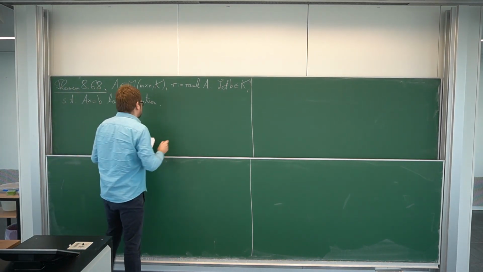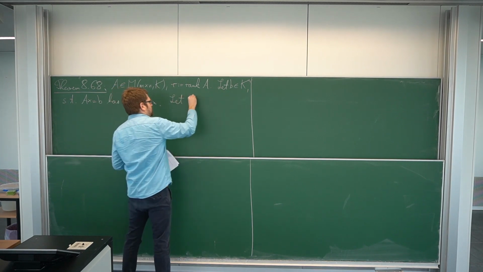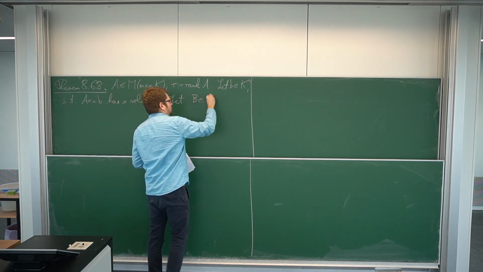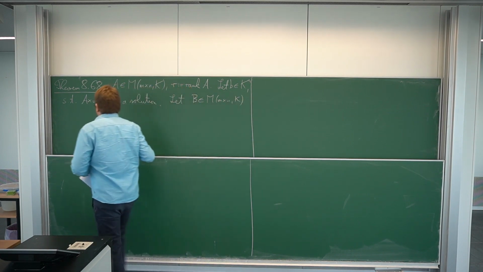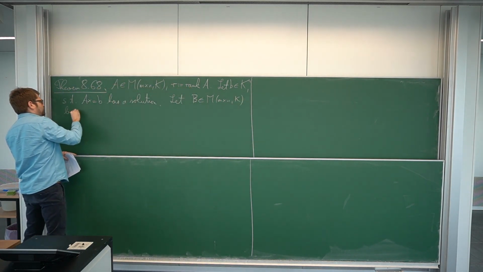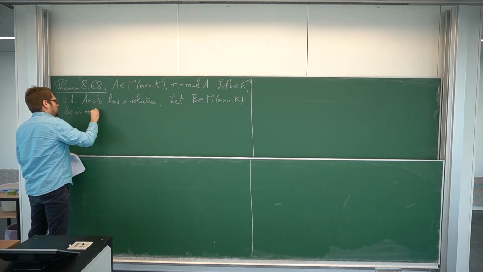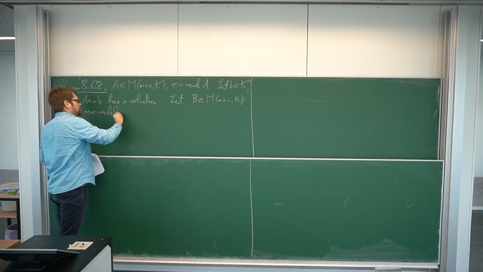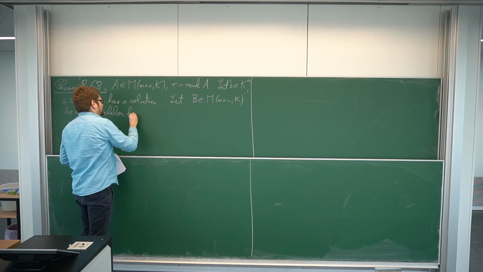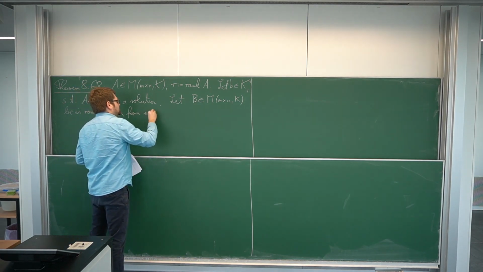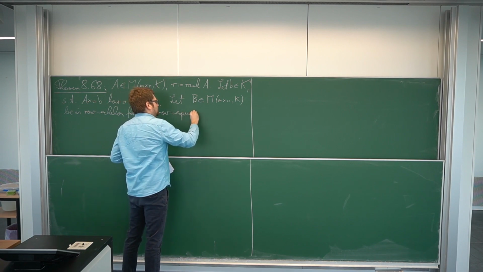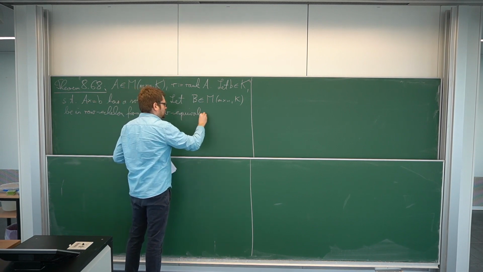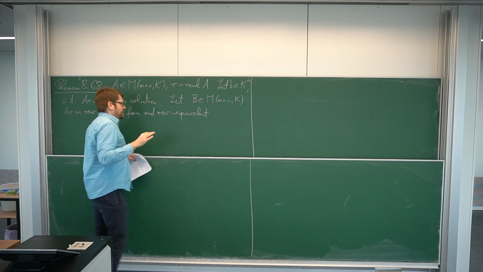Now let B be another m by n matrix which is in row echelon form, and which is row equivalent to A. When I discussed row equivalence and row echelon forms, keep in mind this is not unique.